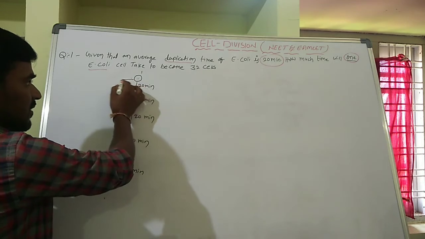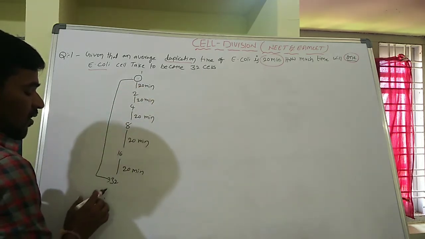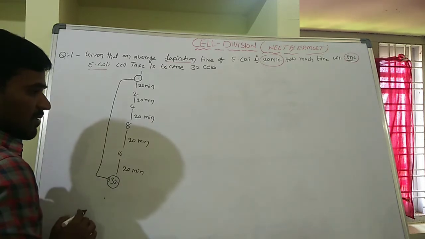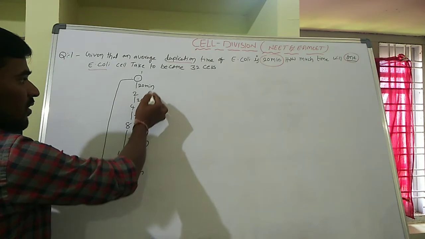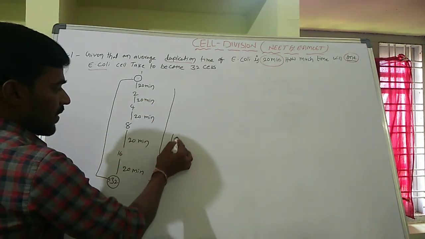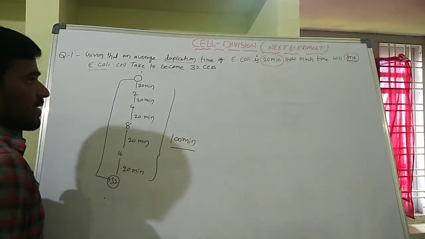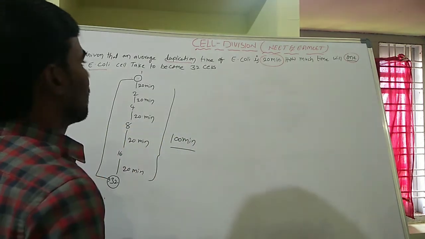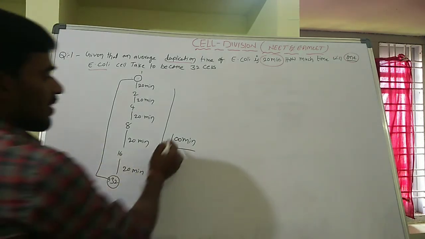From one cell, 32 cells developed here. In how much time? 20, 20, 20, 20, 20: 100 minutes. The answer is 100 minutes.